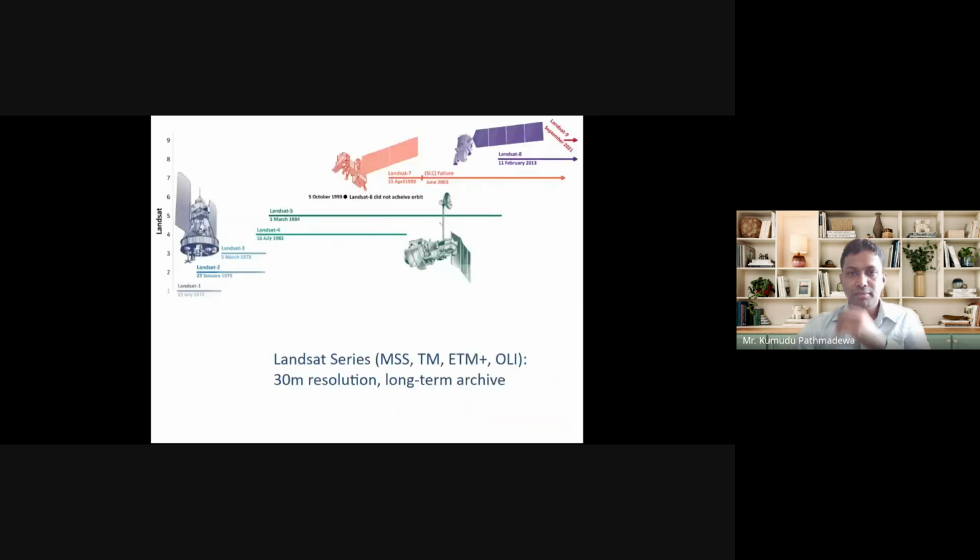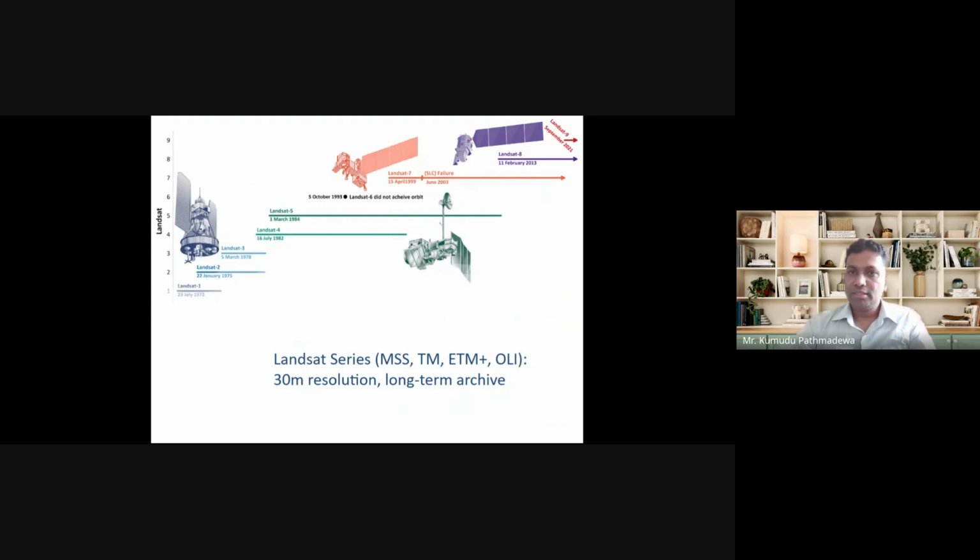So here is the Landsat series. These are widely used multispectral satellite systems. The Landsat mission has 30-meter resolution, and they have 50 years of archive.